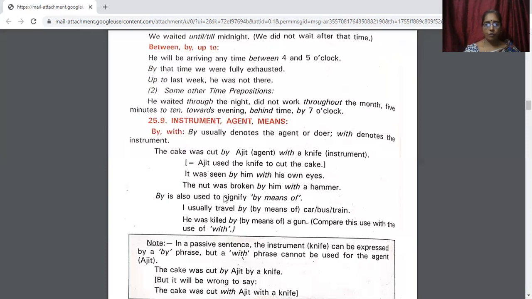By is also used to signify by means of. I usually travel by car, by bus, by train. He was killed by a gun.